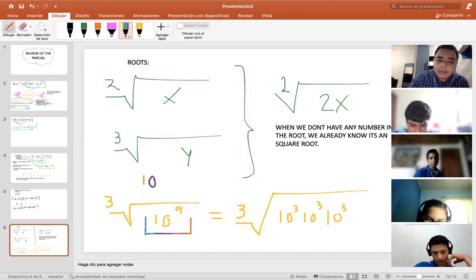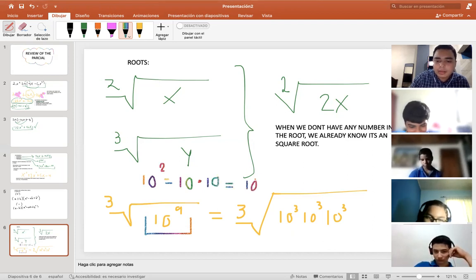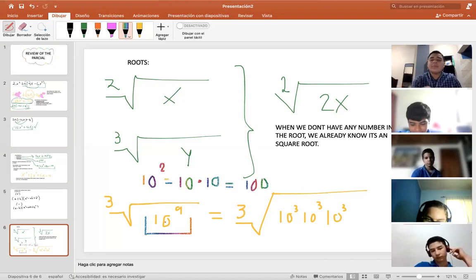If we have, for example, 10 elevated at 2, it's the same as if we have 10 two times, 10 times 10. And 10 times 10 is going to be 100, right? Yes or no? So yes. If we have 10 elevated at 9, it's the same as multiplying 9 times the 10. 10 times 10 times 10 times 10 times 10 times 10. So we have 9 terms.